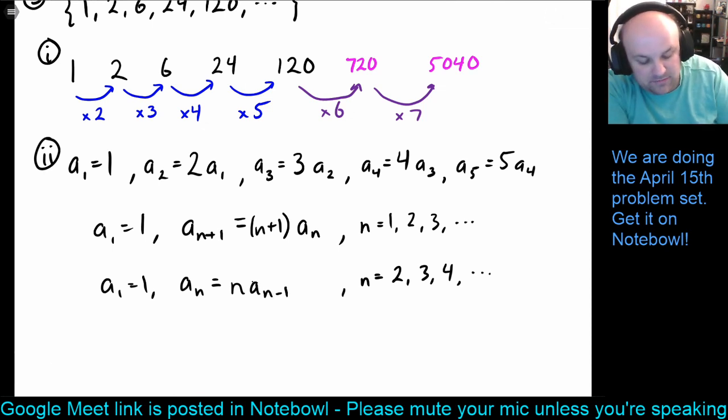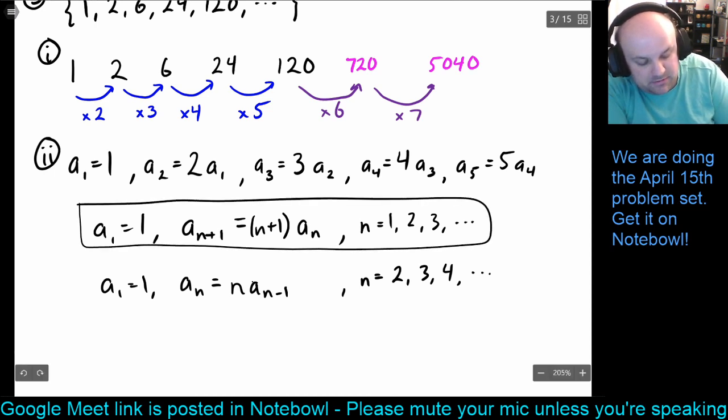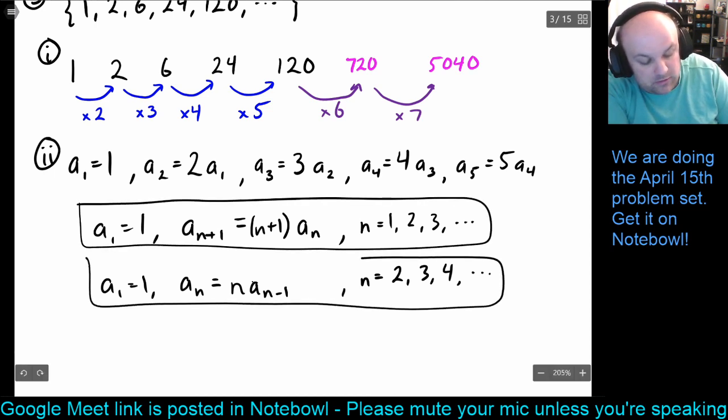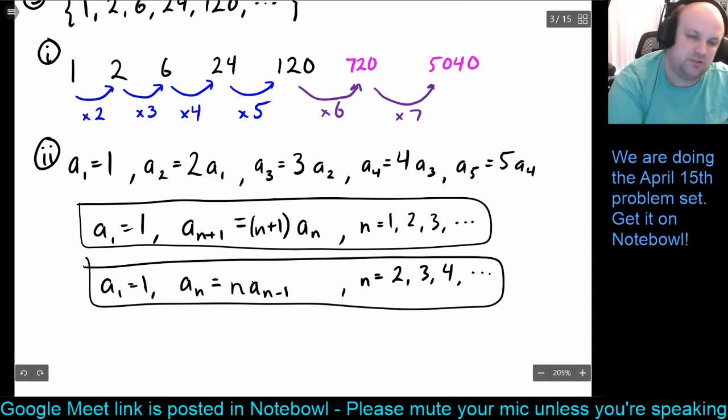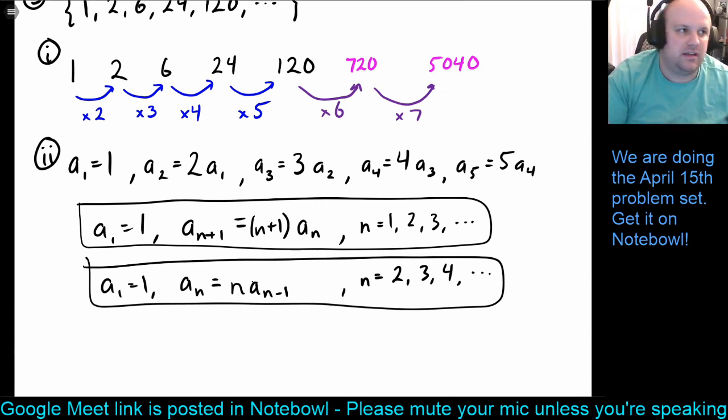And again, either one of these is a perfectly acceptable recurrence relation. It's just a matter of which one you like better, which one suits the problem better. Usually that's how you're deciding which one you want to use. All right. Any questions on that? Okay.